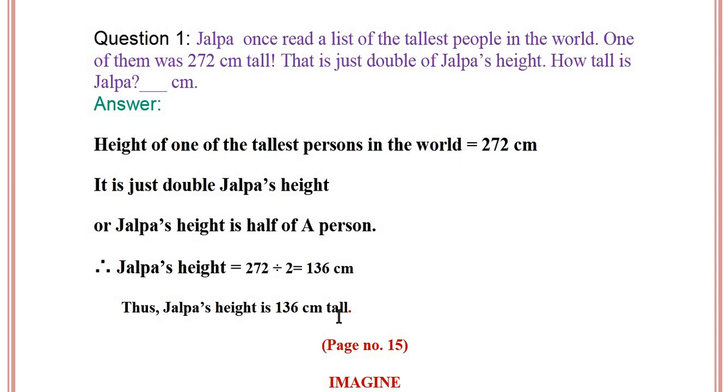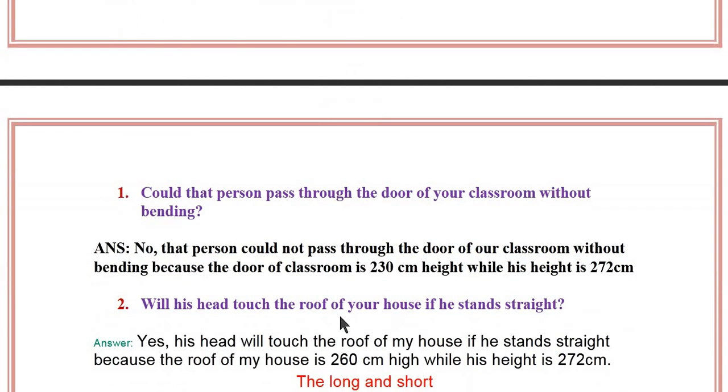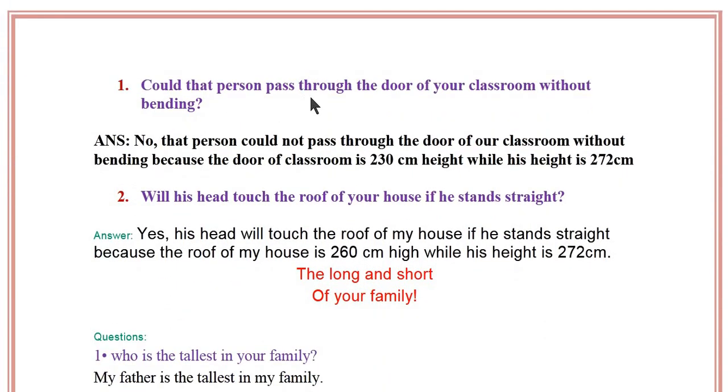Page number 15. Imagine. First question, could that person pass through the door of your classroom without bending? Answer, no. That person could not pass through the door of our classroom without bending because the door of classroom is 230 centimeter height while his height is 272 centimeter.